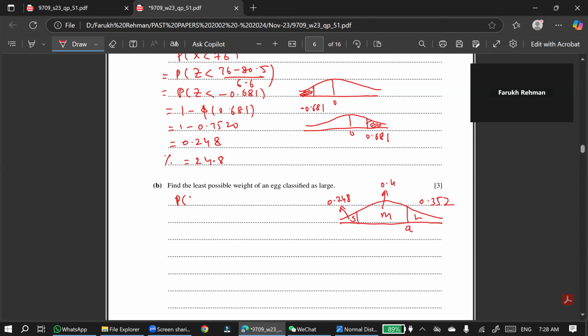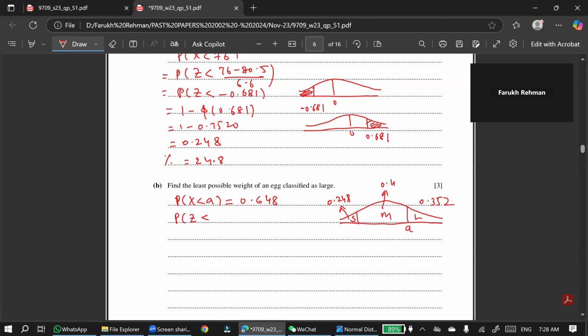Probability of x less than A is equal to 0.648. We will convert this one into Z. Now the probability is given. We will use the table in reverse order to find out the value of it.